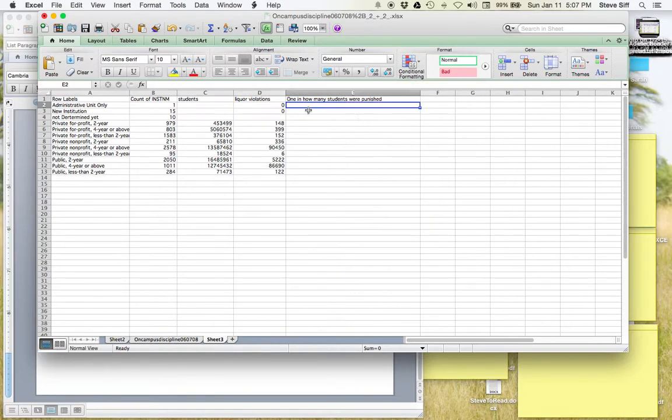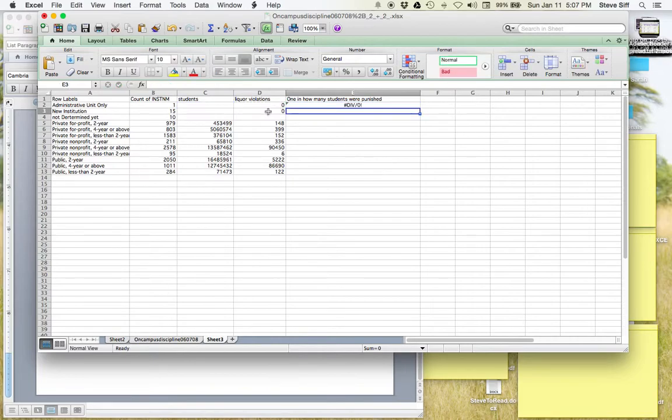punishment, right? So the formula here is going to be equals, to tell the machine that we are doing a formula. So this is sort of the one in how many students formulation. And so to do that, it is the number of students, which is like the population, the total, divided by the number of violations.